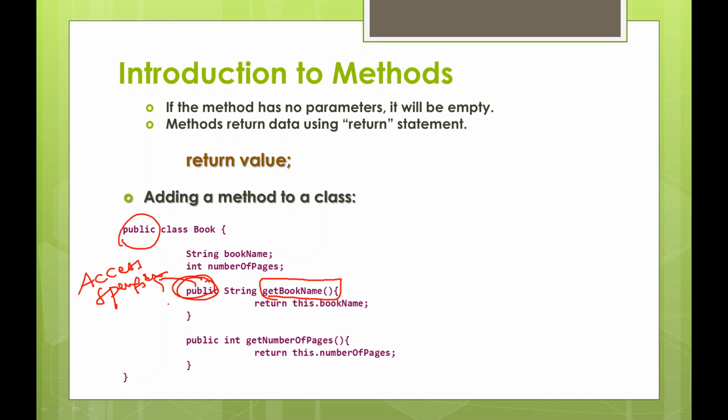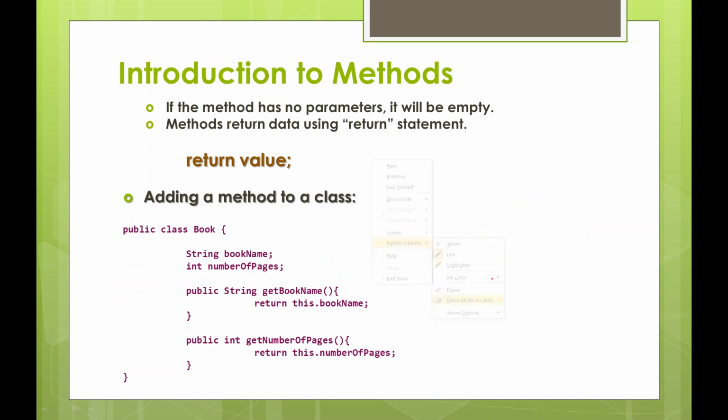This is our access specifier for methods, and this is the return type of this method. That means get book name returns a string. That is what this is doing using this particular return statement.